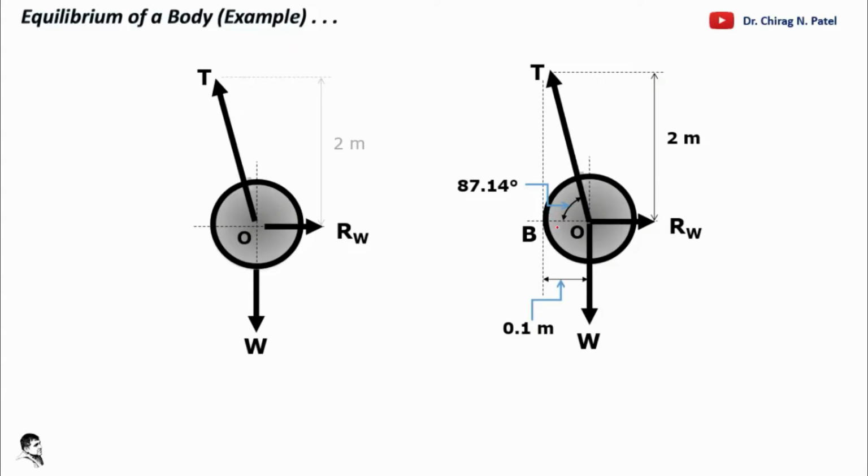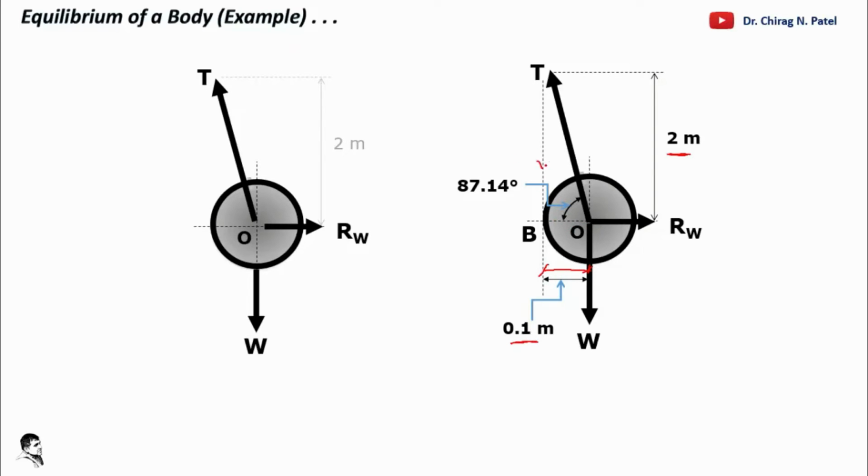So this is our problem now, and to resolve it we first have to look at the angle between the forces, as per the requirement of Lamy's theorem. Here 2 meter is given. The diameter of the sphere is 0.2 meter, so the radius is 0.1 meter.